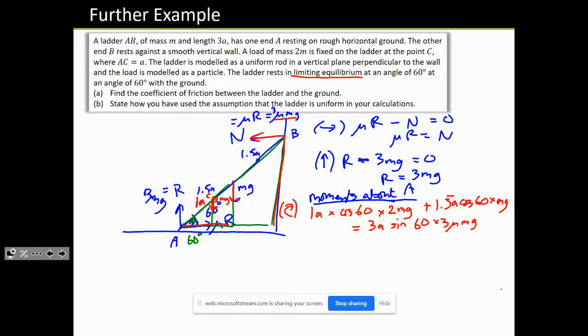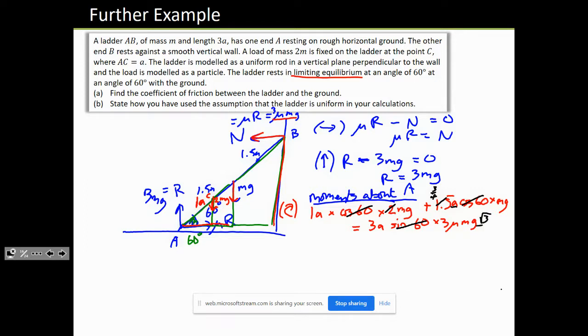Now, I want to make things a little simpler at this point. I can see cos 60 is a half, and then I've got times 2. So half times 2 cancels out. Then I have cos 60 times 1.5, so that's 3 over 2, so I'll just make this 3/4, not forgetting the a that's in here as well. And then sin 60 is root 3 over 2, so I'm going to make sure I include this in my calculations.